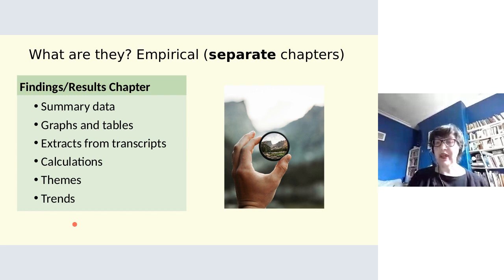Or maybe you're noticing that particular keywords are coming through those responses in interviews or surveys. So think about key themes and trends. And I'm going to show you a couple of examples in a little bit for you to see how that actually looks in your writing. Okay.